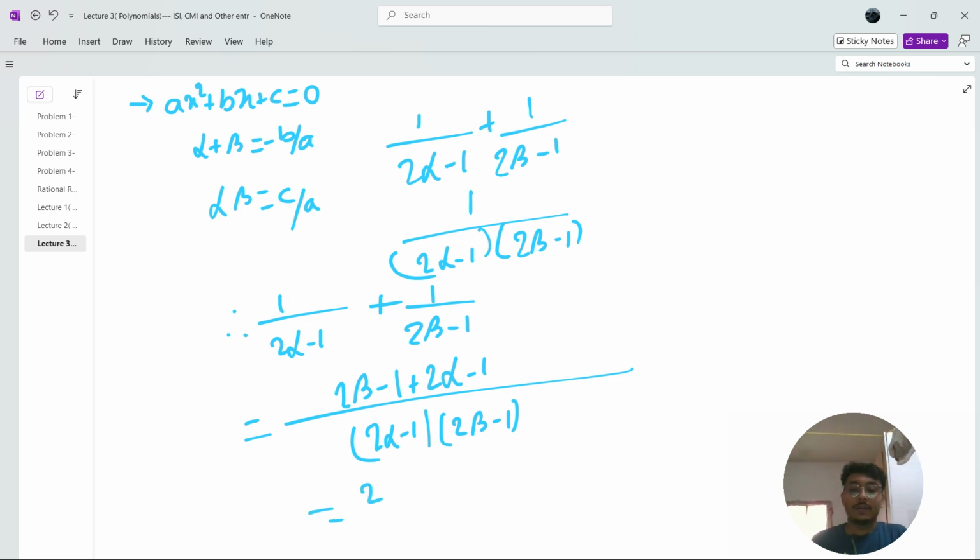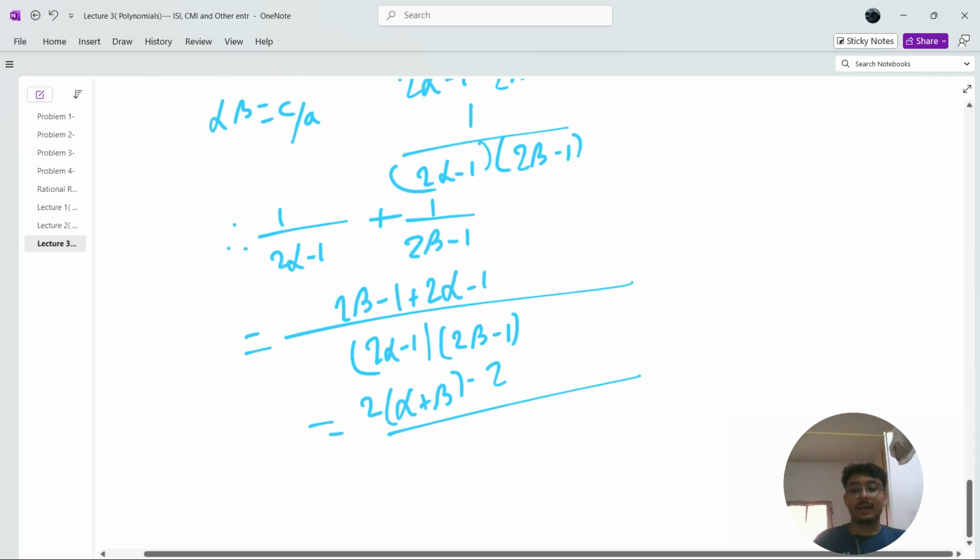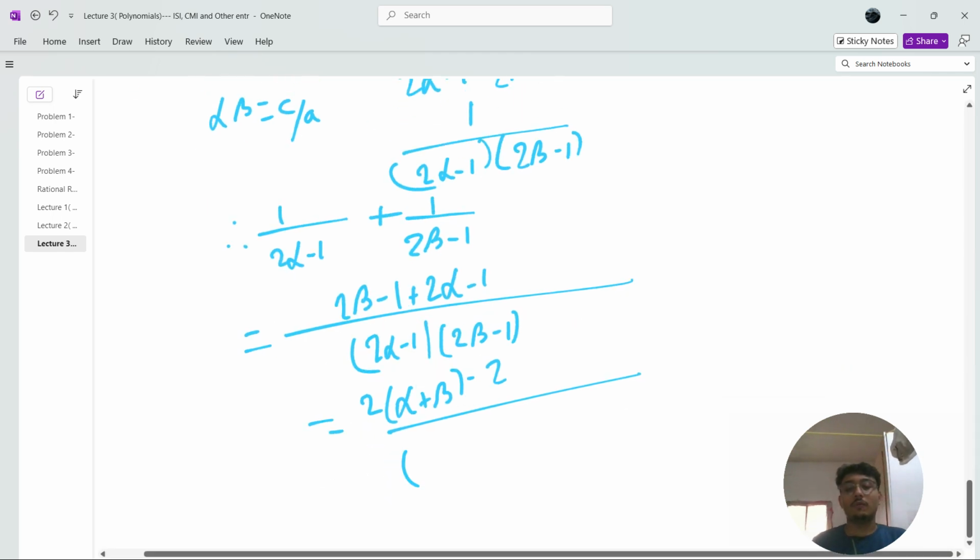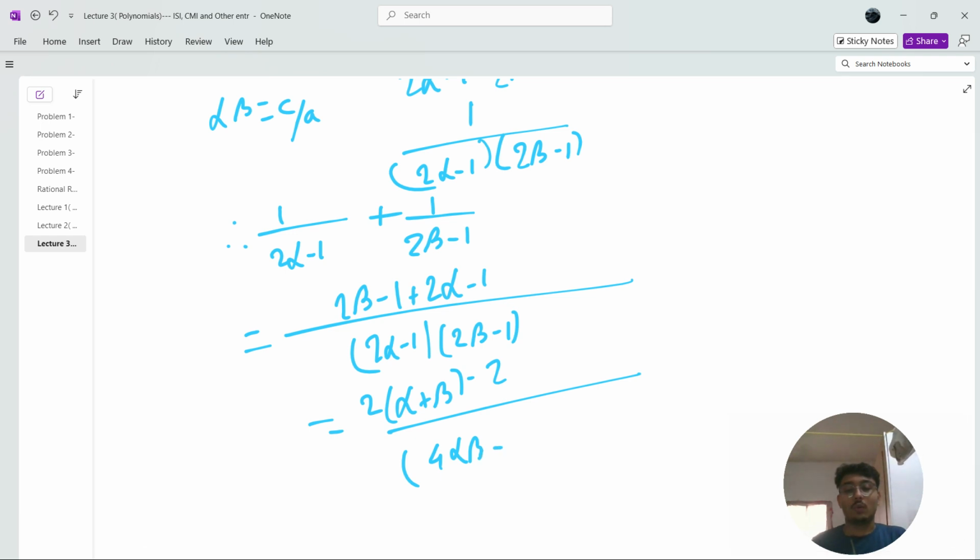So I can take my 2 common. So alpha plus beta and minus 1 gives me 2. And my denominator I will be multiplying this. How? So 2 alpha into 2 beta gives me 4 alpha beta, minus 2 alpha into 1 that is minus 2 alpha, minus 2 beta into 1 that is minus 2 beta, minus 1 into minus 1 that is plus 1.